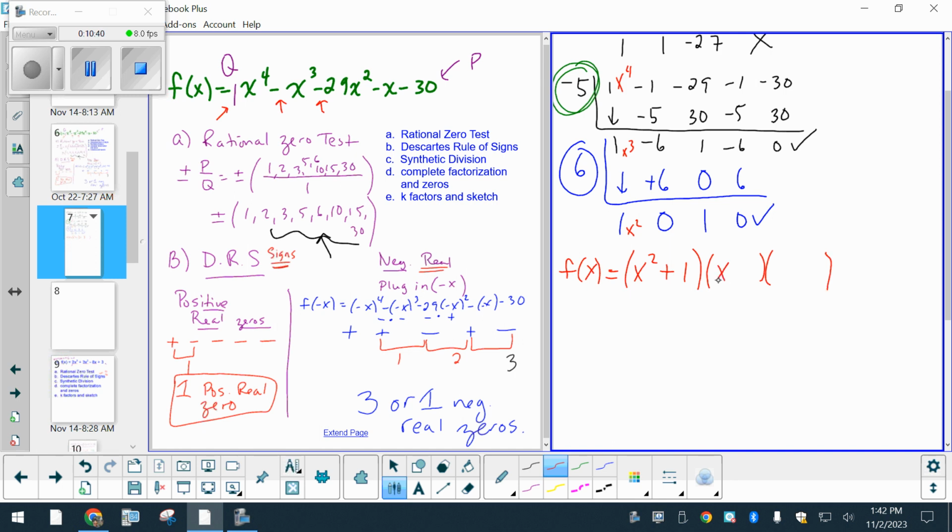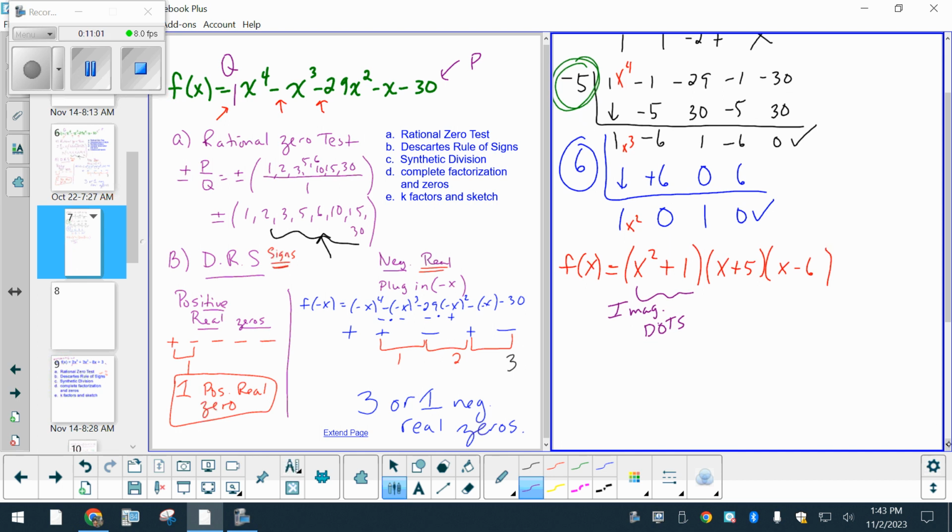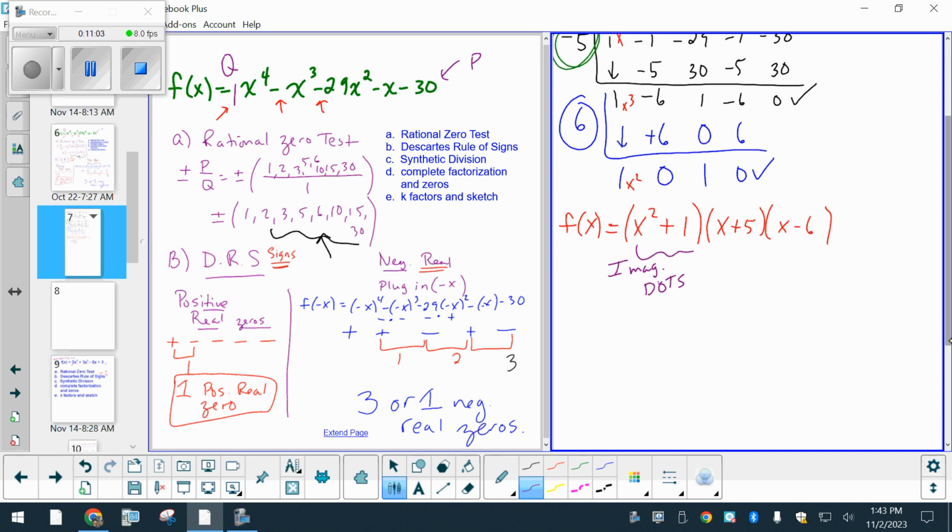Now we take our -5 and make it positive, and then the 6 as the minus. If you remember from the other day, this right here is your imaginary dots. Means we have 2 zeros that are imaginary.